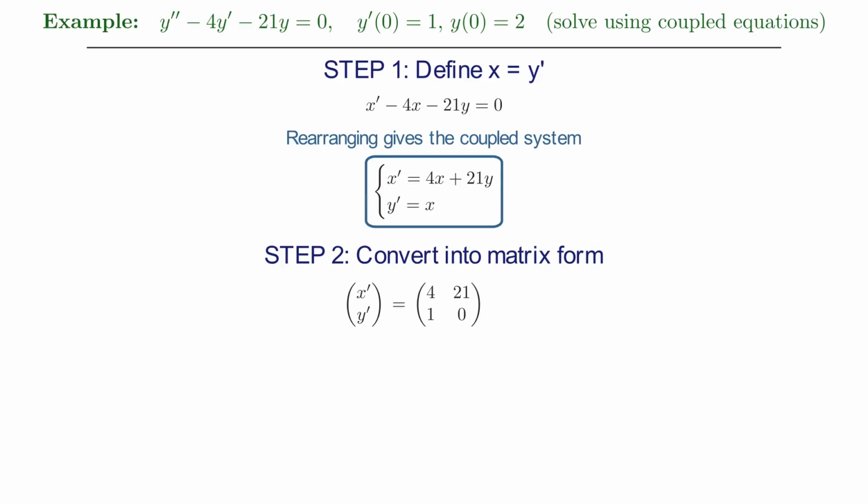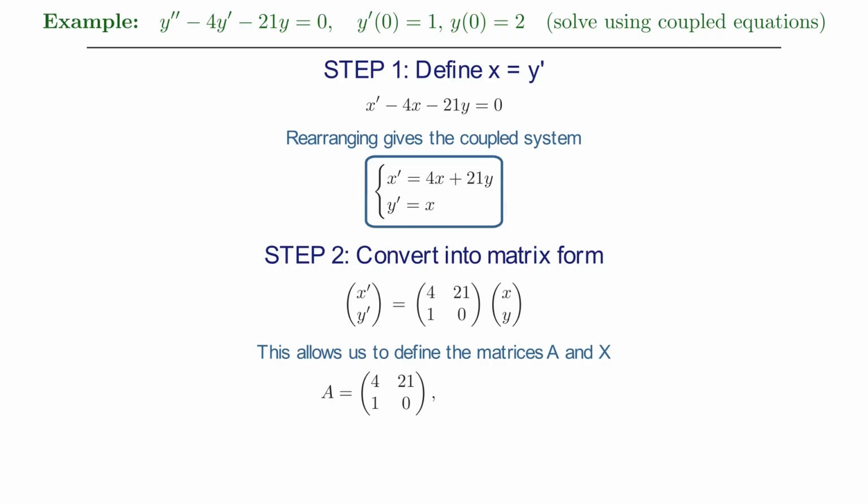And this is multiplied by the matrix (x, y). So we can define the matrix A to be our coefficient matrix, and the matrix capital X to be the matrix (x, y). This allows us to rewrite the coupled system as X' = AX in matrix form.